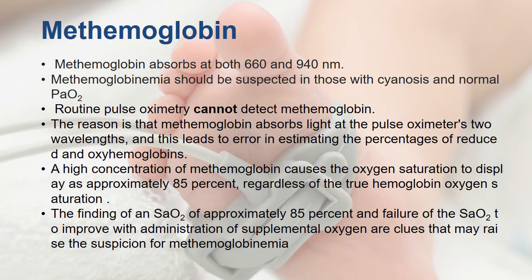A high concentration of methemoglobin causes the oxygen saturation to display as approximately 85%. So when you have 85% saturation on the pulse oximeter, peripheral as well as central cyanosis, and the patient is deteriorating, you should suspect methemoglobin. You get an ABG, you get a normal PaO2, you should have a high suspicion of methemoglobin.